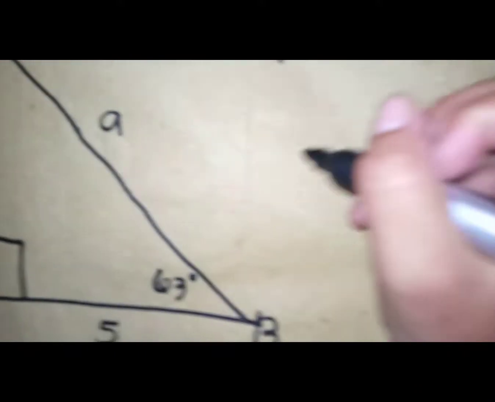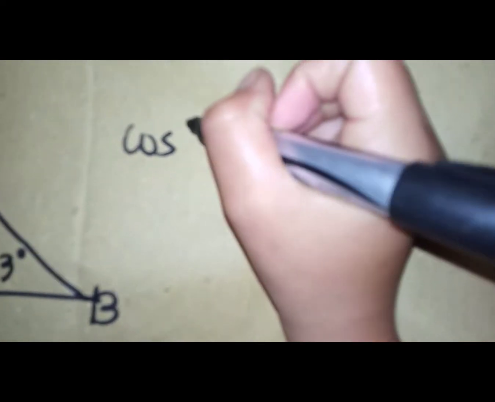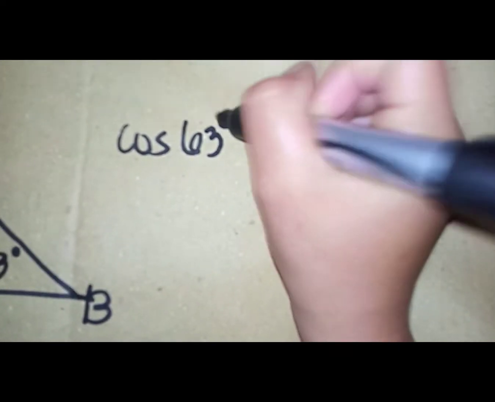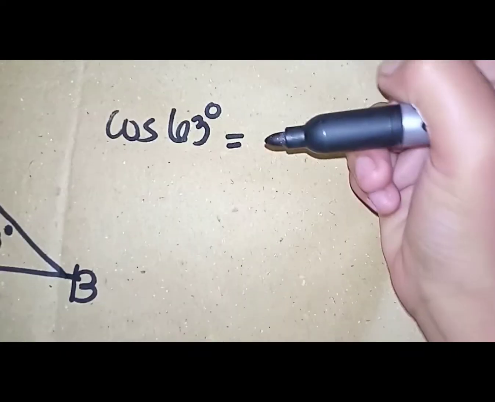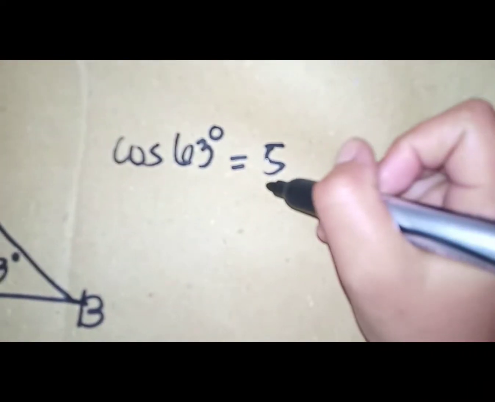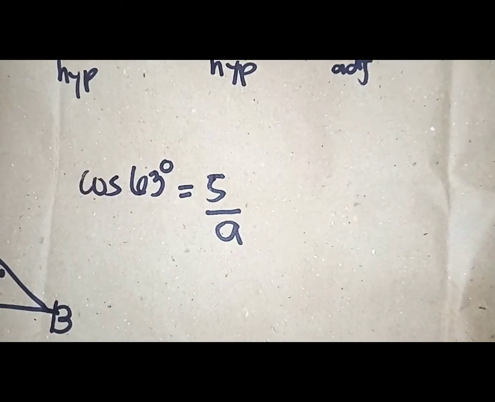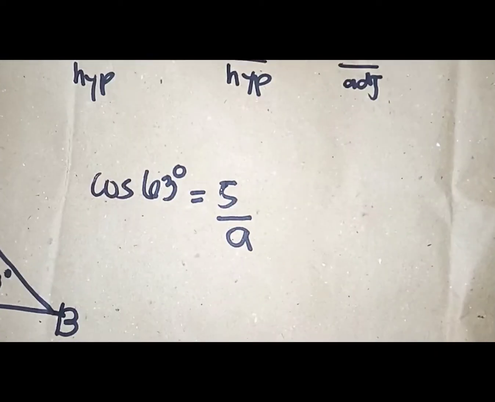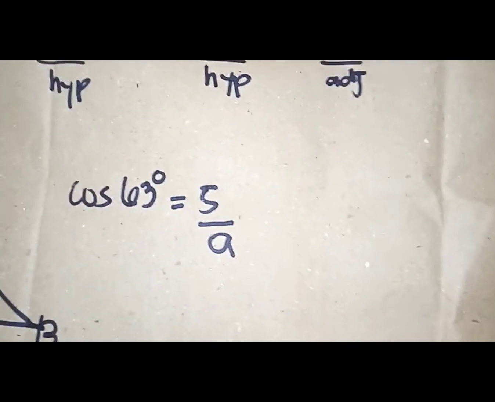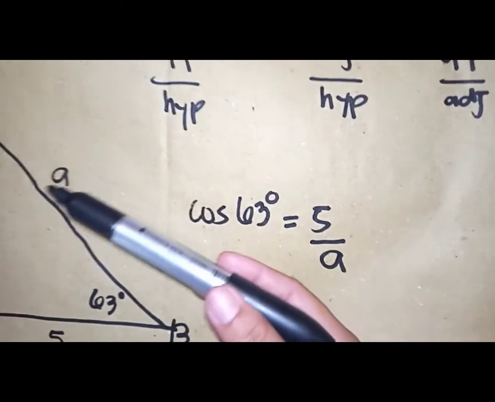So we're going to write cosine 63 degrees is equal to 5, which is side C, over A. Cosine 63 degrees is equal to 5 over A, where 5 is the adjacent here, and the hypotenuse is not given, and we're going to find it, the A.